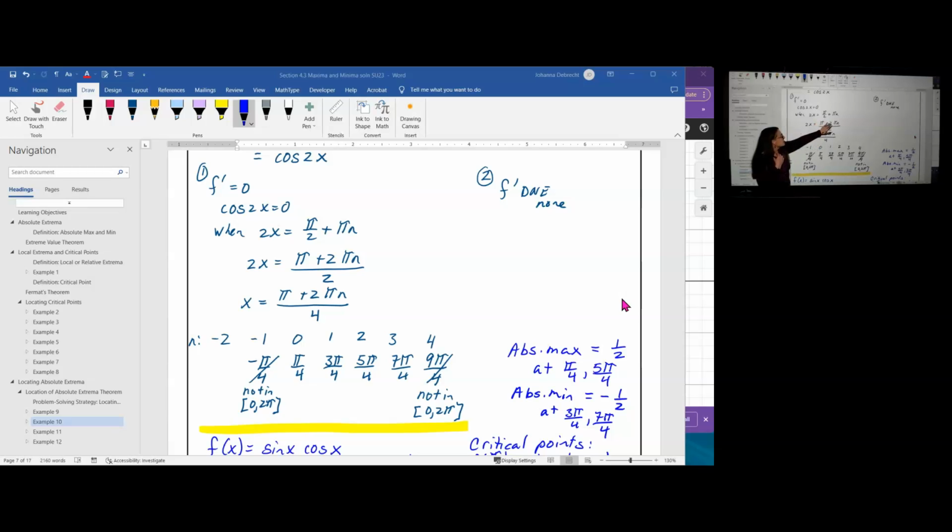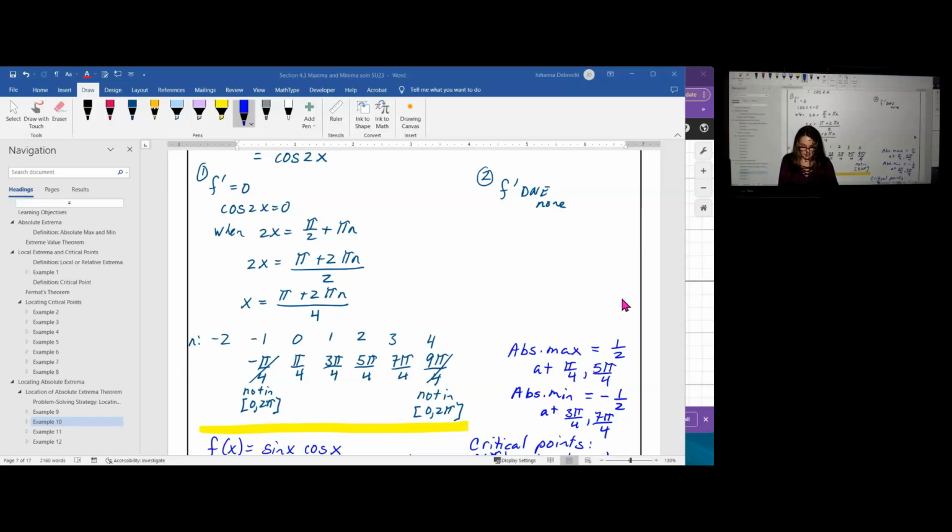I got a common denominator, then divided both sides by 2 to get the expression pi plus 2 pi n, all divided by 4. Then I chose a range of values for n, both negative, positive, and 0, to find the ones that were in my interval 0 to 2 pi. This gave me pi over 4, 3 pi over 4, 5 pi over 4, and 7 pi over 4.